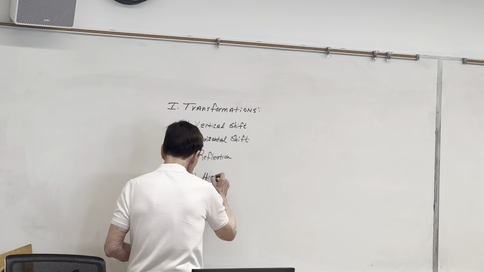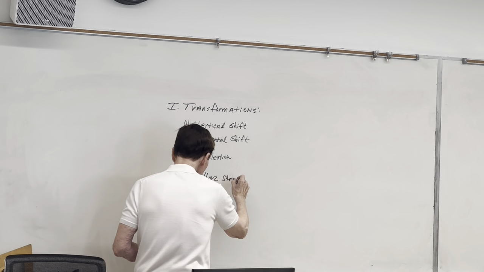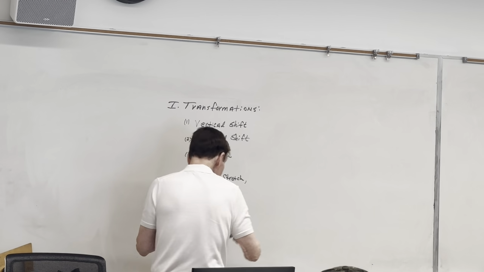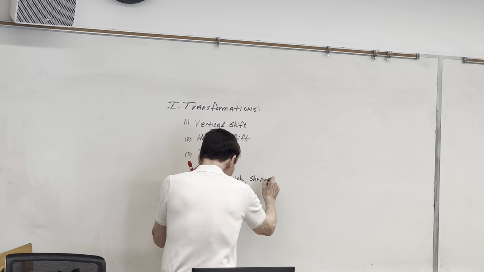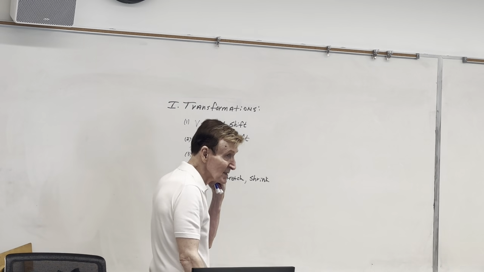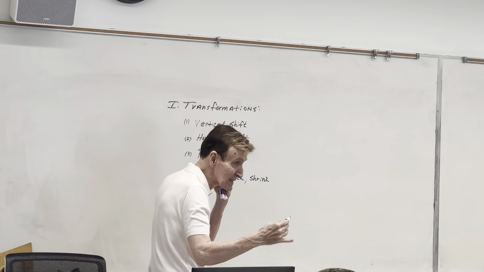Horizontal stretching, not shifting. We just abbreviate here. And I heard also, what else besides stretch? Shrinking. And that's the tough one sometimes to deal with. Was there anything else on that particular handout? I think those are the basics.